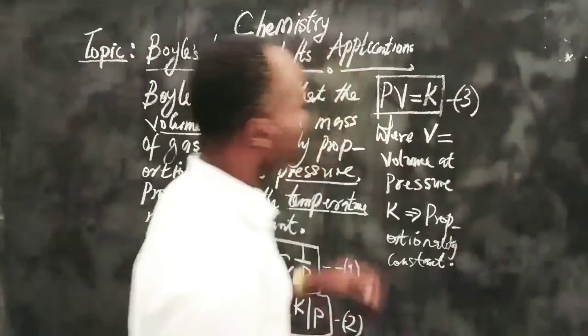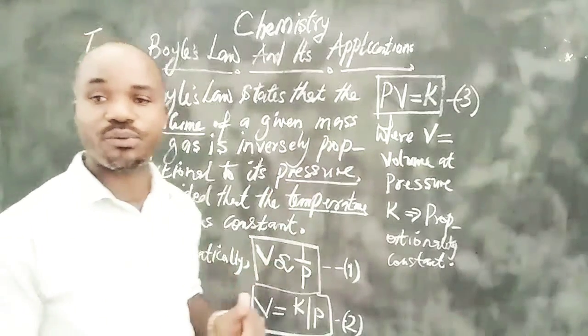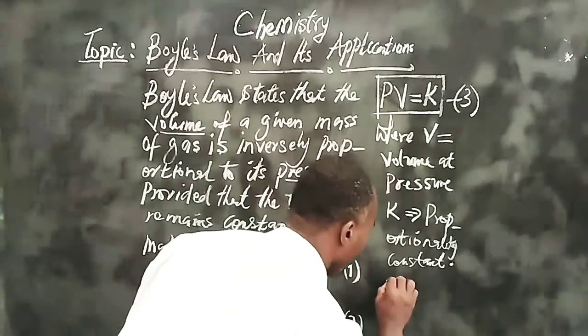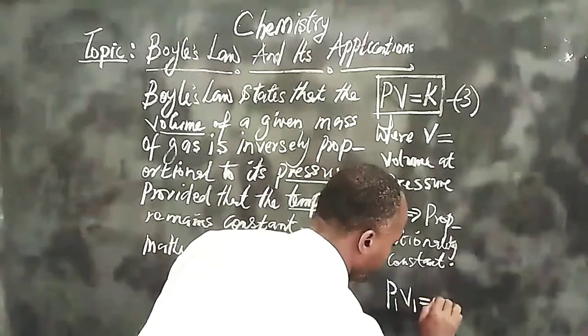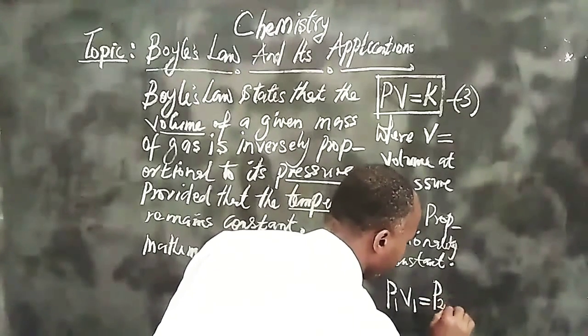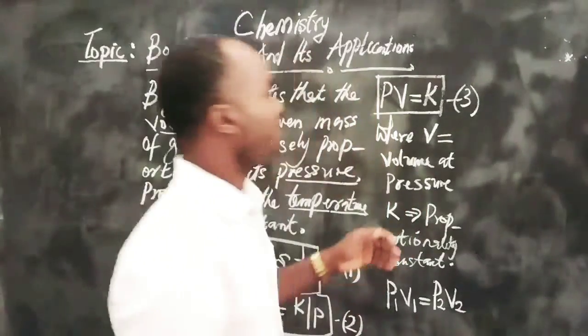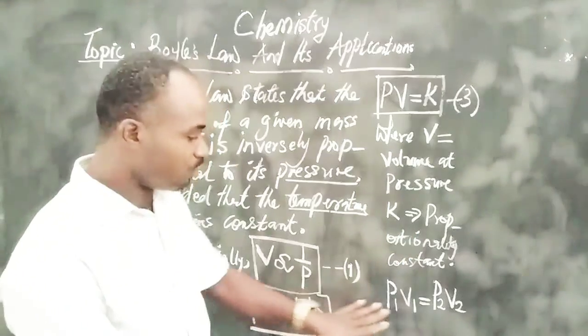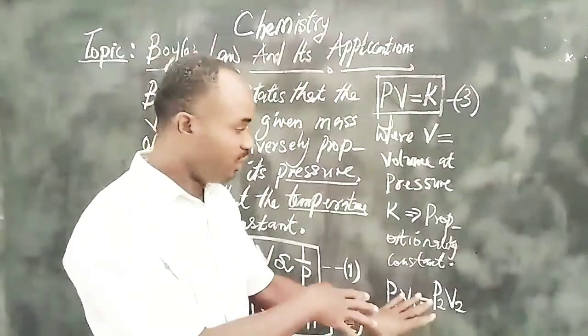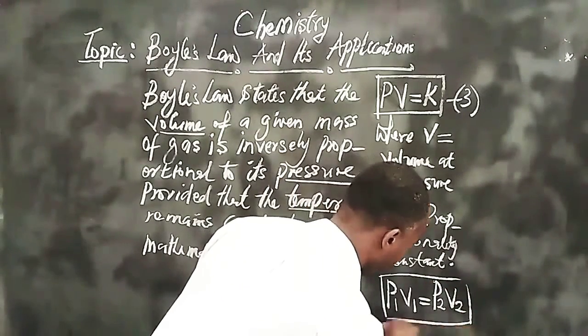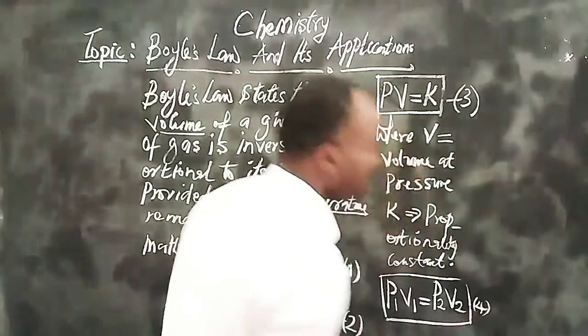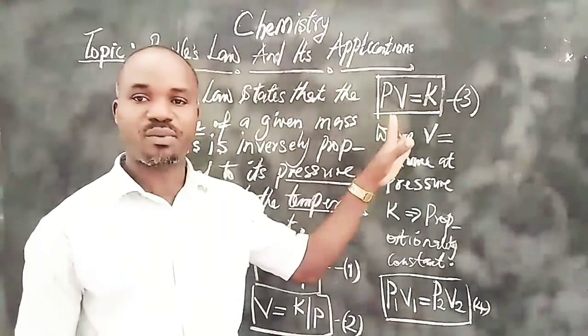From relation 3 we are going to develop relation 4, which is P1V1 is equal to P2V2. But before we delve into proper explanation of the fourth relation, we need to understand what actually happens here.